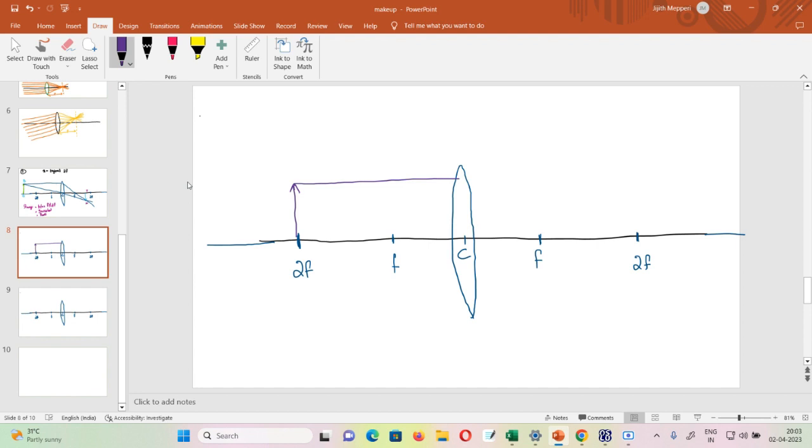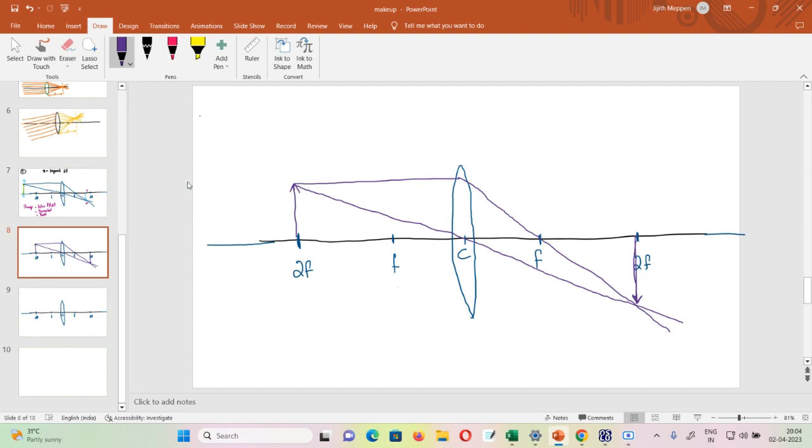One ray is parallel to the optic axis and passes through f, and one ray passes through the optic center like this. Here I am drawing with my hand, but if you measure and draw with a scale and ruler, you can see that it will coincide at 2f.